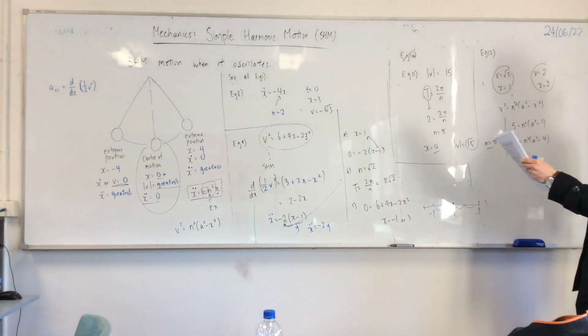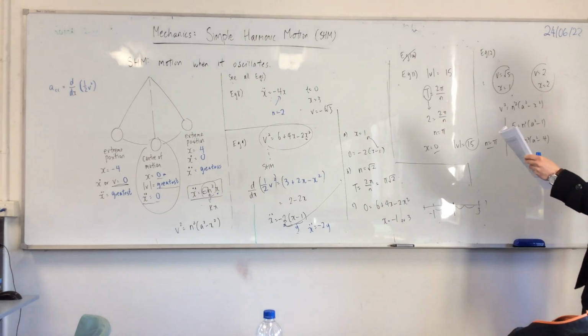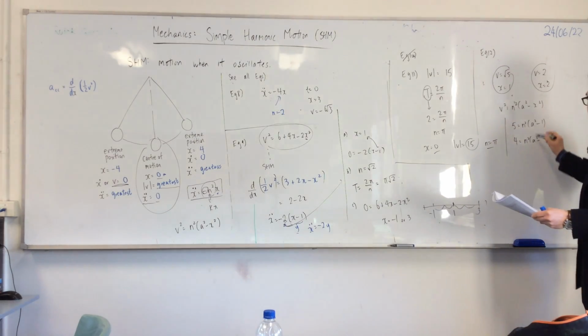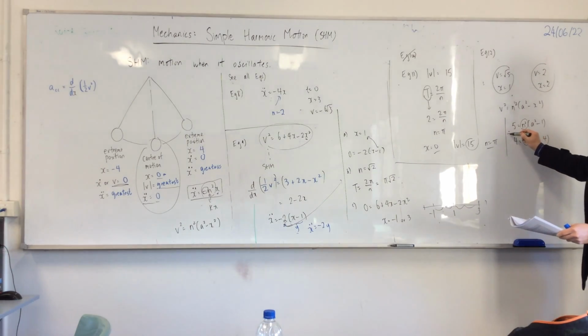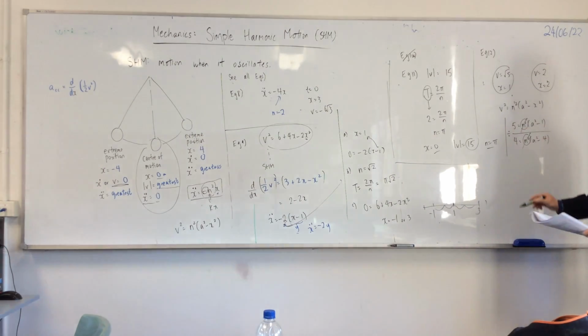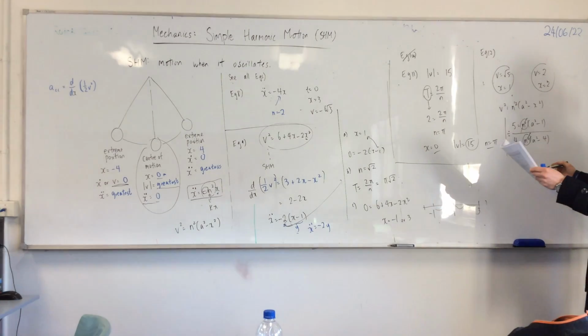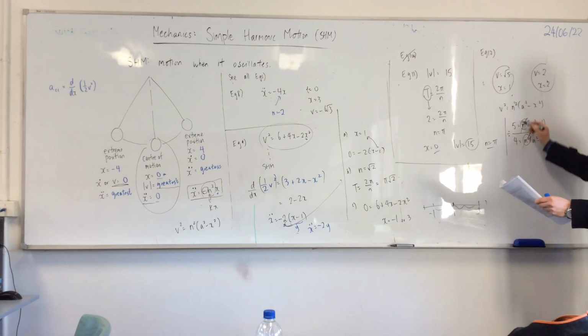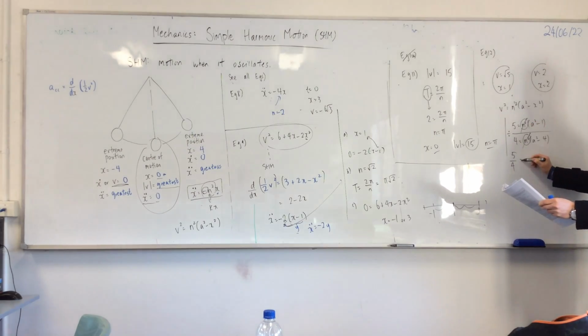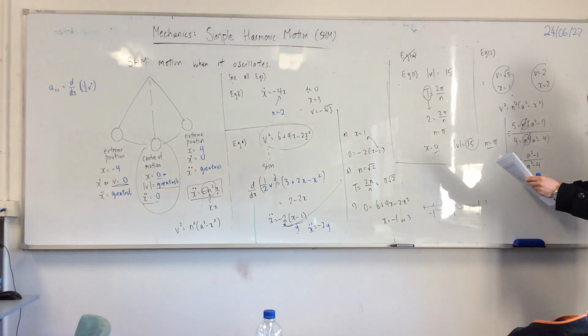It's a simultaneous equation, so you divide these two equations so that the n squared cancels out. So 5 over 4 equals (a squared minus 1) over (a squared minus 4). Crisscross multiply, and you'll get a equals 4.